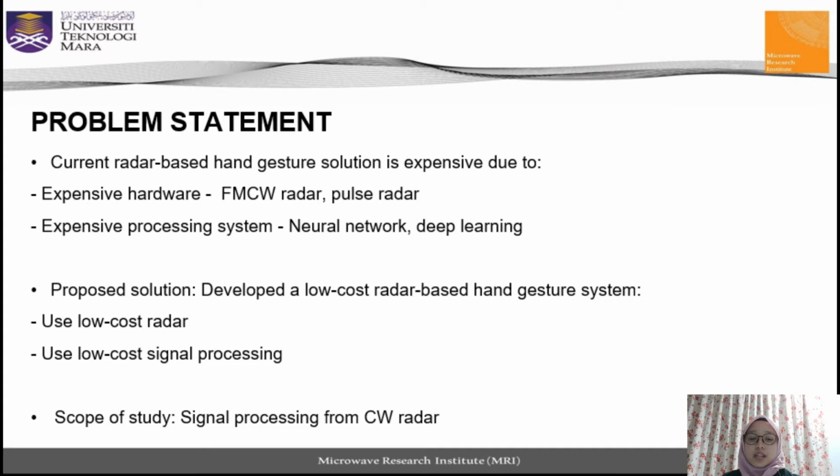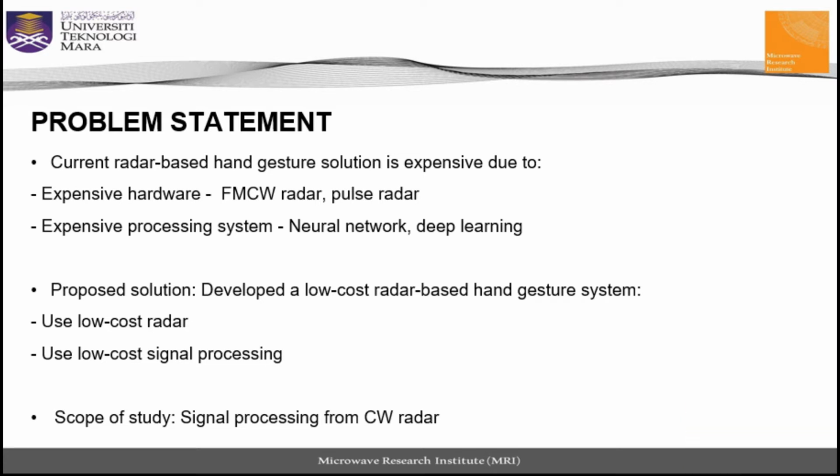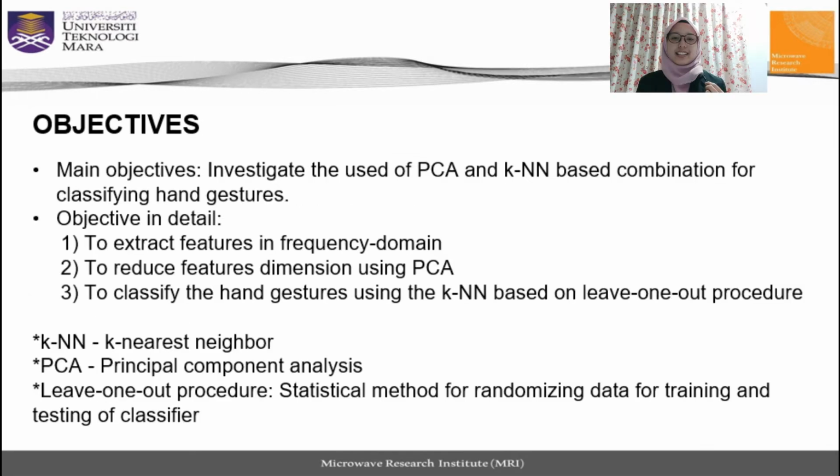So how do we develop it? We develop it by using a low-cost radar, which is the continuous wave radar, and low-cost signal processing, which are PCA and KNN. This project will be focusing on the usage of CW radar and the signal processing done to classify the hand gesture. As our scope of study is only limited to signal processing, our objective is to investigate the use of PCA, which stands for Principal Component Analysis, and KNN, which stands for K-Nearest Neighbor, based combination for classifying hand gesture.